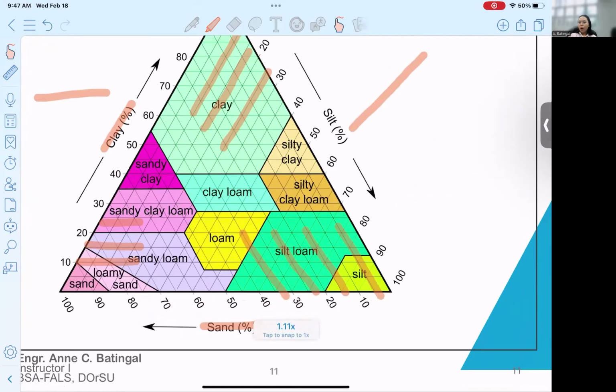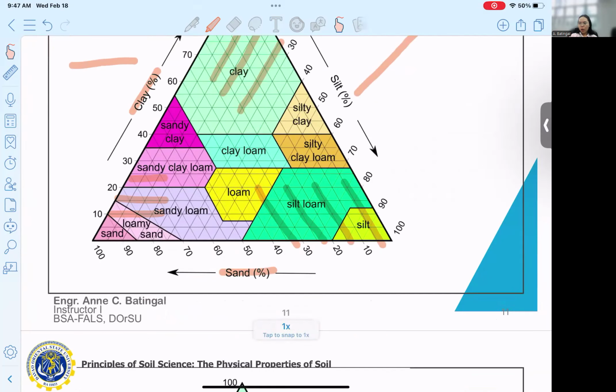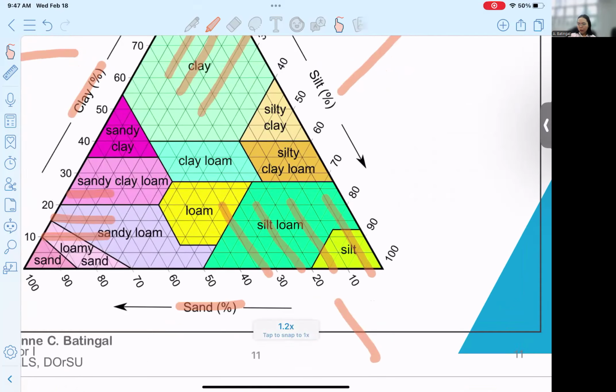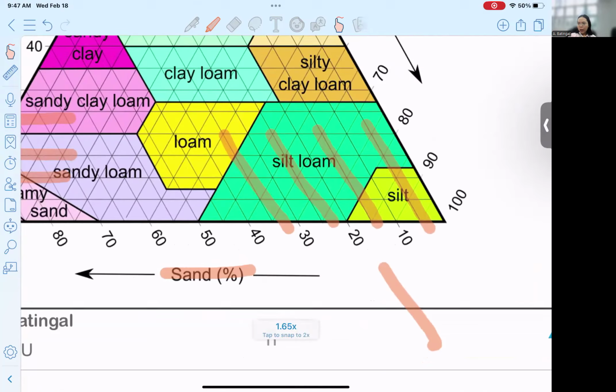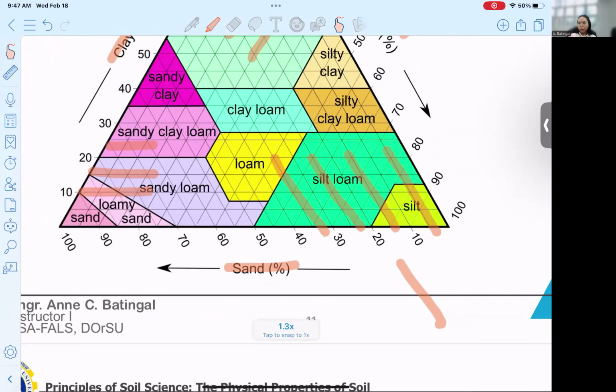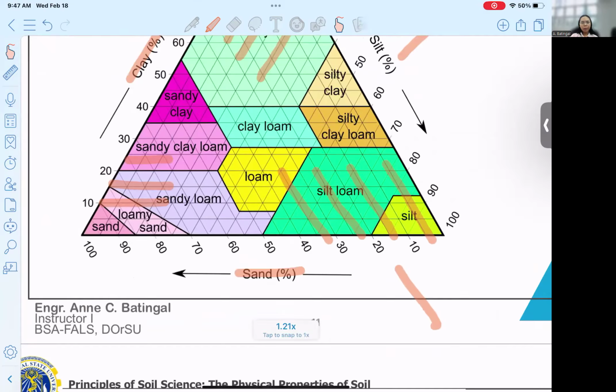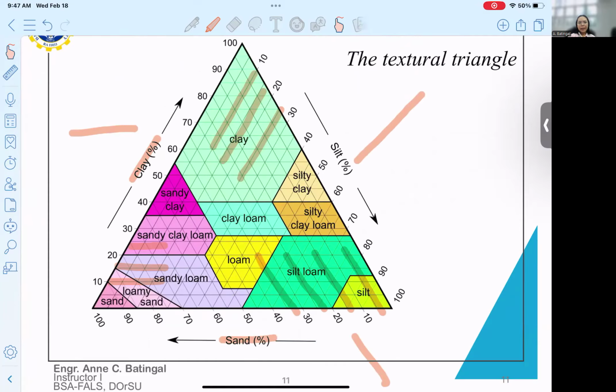Okay, so what does your soil texture triangle mean? When you talk about proportion, the total is 100%. So for sand, silt, and clay, your soil can be 100% sand, which means your soil has no clay and no silt.